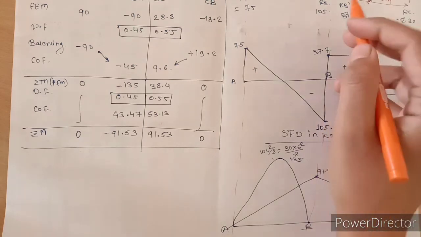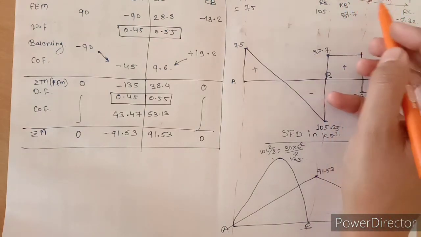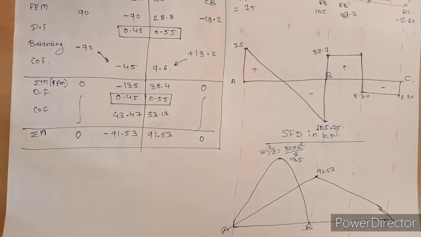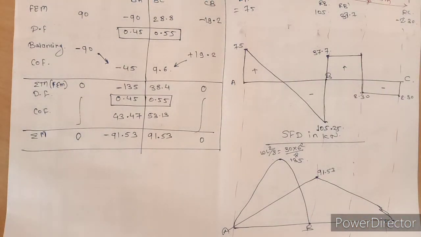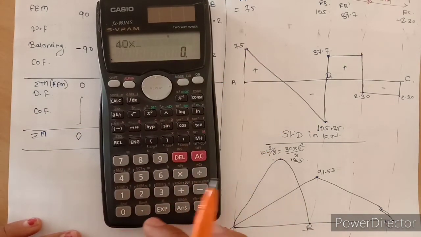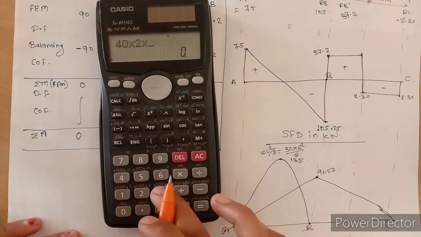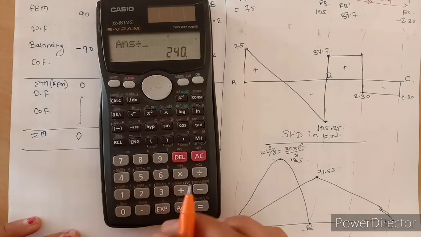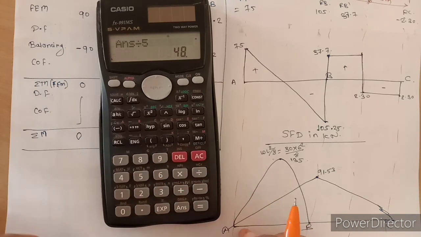Sorry, over this BC the total distance is 5 meter, but its total distance is divided into two different spans. So the formula is WAB divided by L. So here W is 40 multiplied by A means 2 meter and B is 3 meter, divided by length. Length means total distance, 5 meter. So the answer is 48.